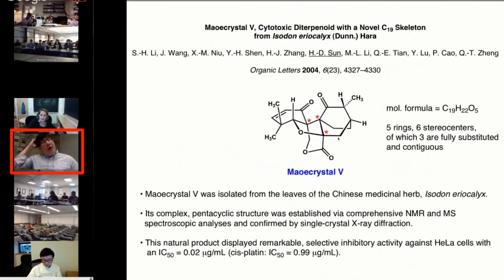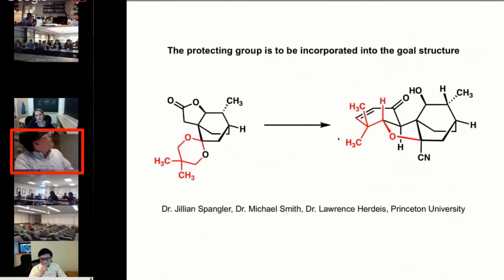We were drawn to this problem a number of years ago, and we pursued various concepts that were interesting in certain respects. And I'm going to address only one today. Next slide. The idea here was that we would build a structure on the left from something like limonene oxide.